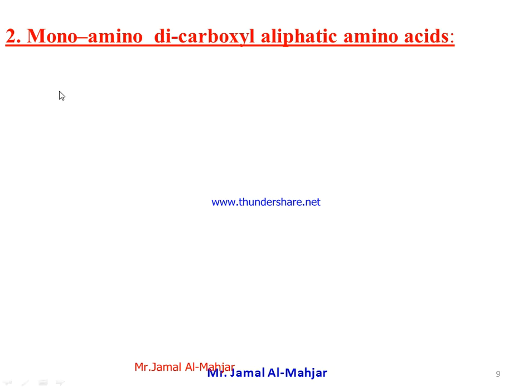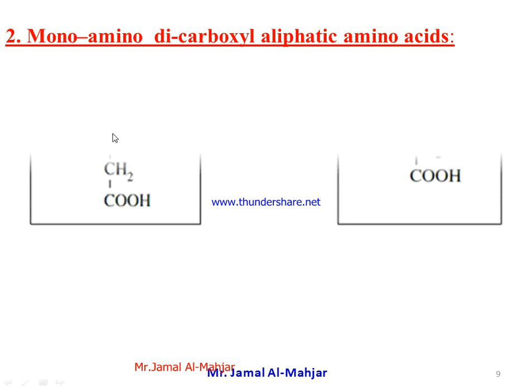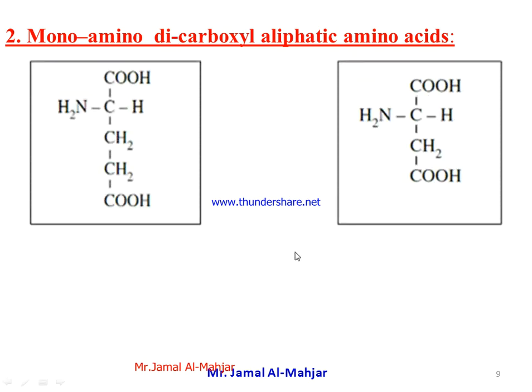Now the second type, we call them monoamino dicarboxyl aliphatic amino acids. Here we have di, it means two carboxyl groups and one amino group. Where is the R? See this compound? We have COOH, COOH, dicarboxyl, and here COOH, COOH, dicarboxyl.